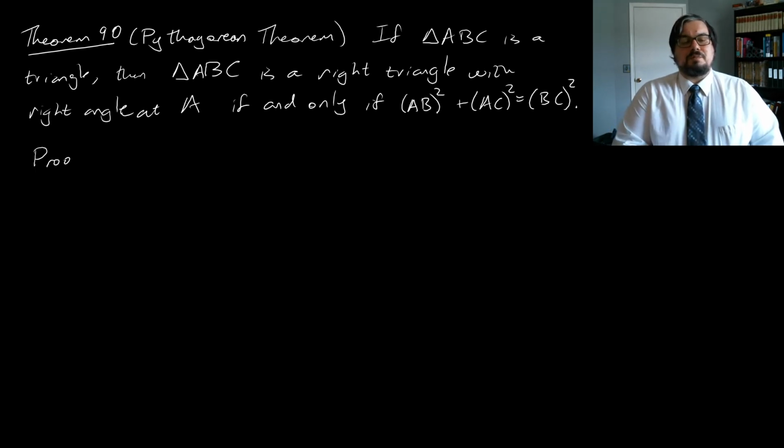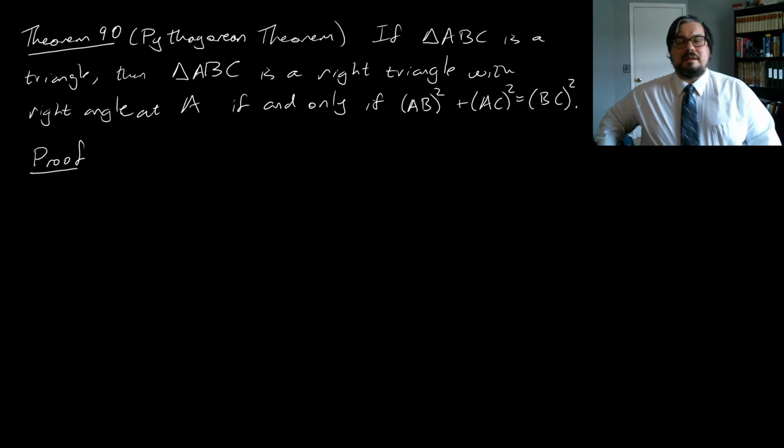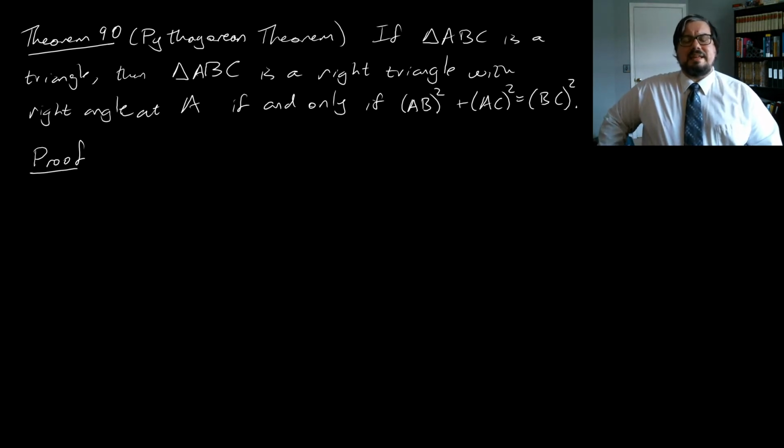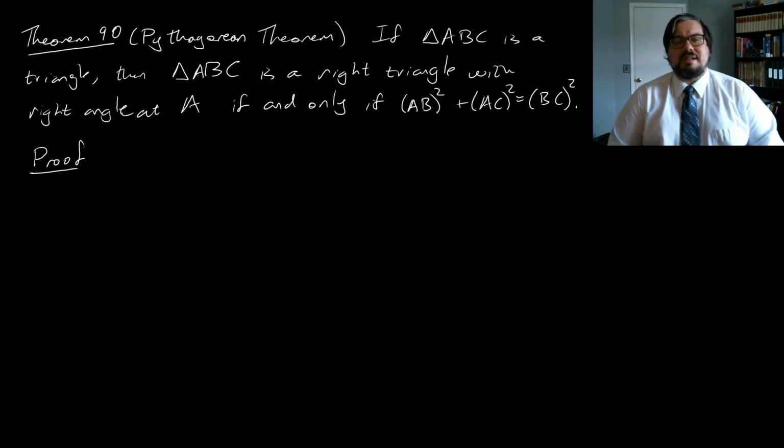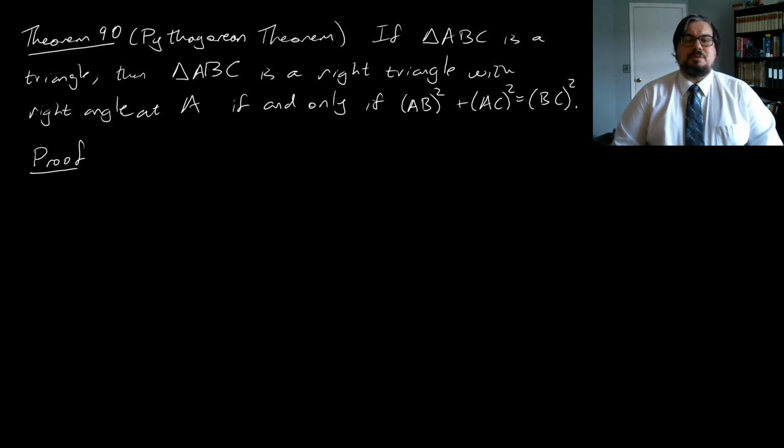So before we start the proof, let me point out that this if and only if condition is something that we don't always see. We use one direction a lot. We know that if we have a right triangle, then we've got this relationship on the sides that the squares of the lengths of the two shorter sides equals the square of the length of the larger one.